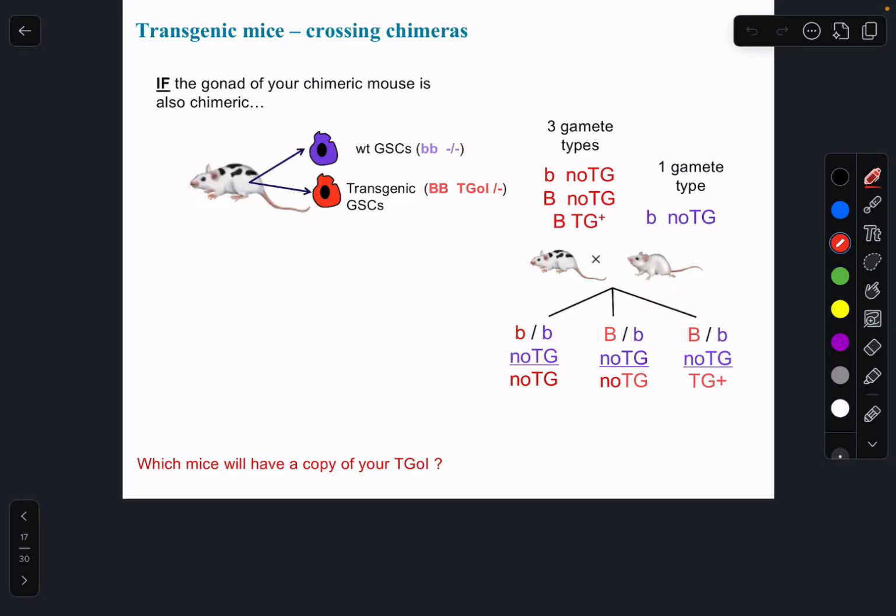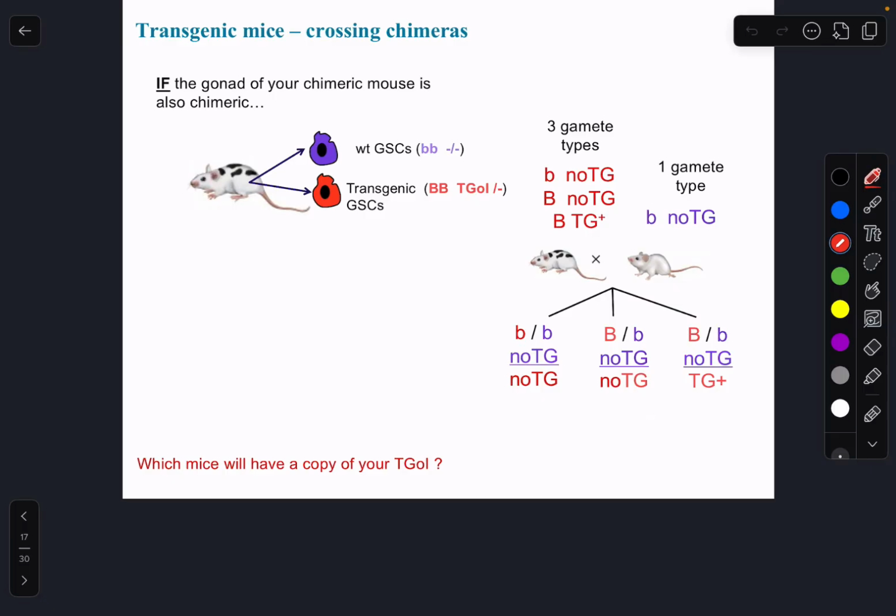Because what happens is if this mouse was producing some gametes with the dominant alleles in them, what do you think that progeny will look like? They will be black mice, right? Because if this mouse is producing gametes with only recessive alleles, and this chimeric mouse may produce some gametes with the dominant allele, if there were any progeny that is heterozygote for this locus, the dominant phenotype will show up, and those mice would be black.